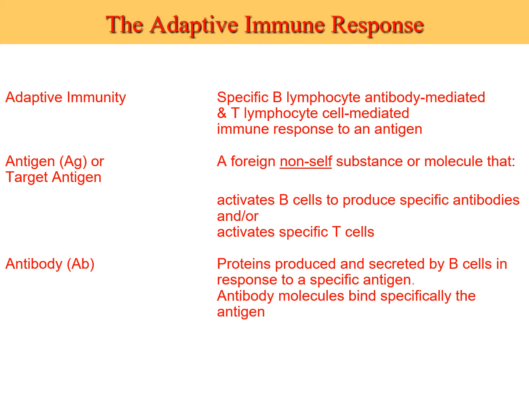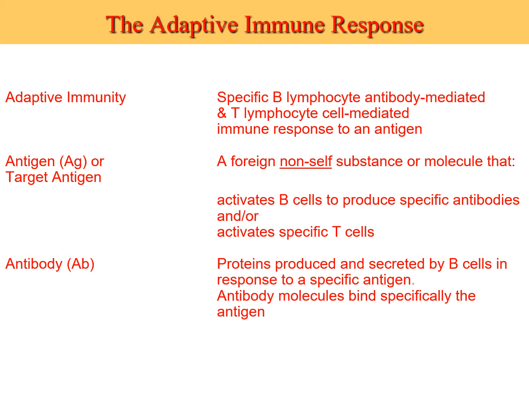So each B cell has on its surface a receptor for a foreign antigen, and in the case of the B cell, those are antibody molecules. In the case of a T cell, it's the T cell receptor. Each different B cell or T cell that's produced is an individual clone and will have a unique receptor for foreign target antigens on its surface. These are anything that is non-self.